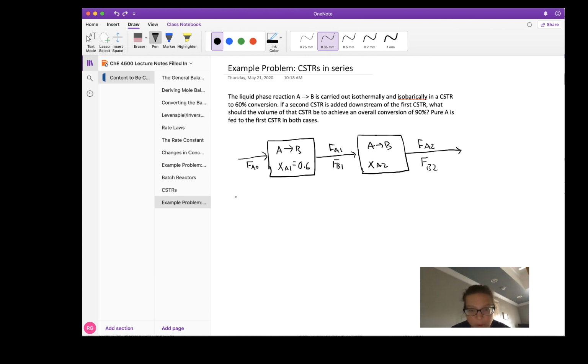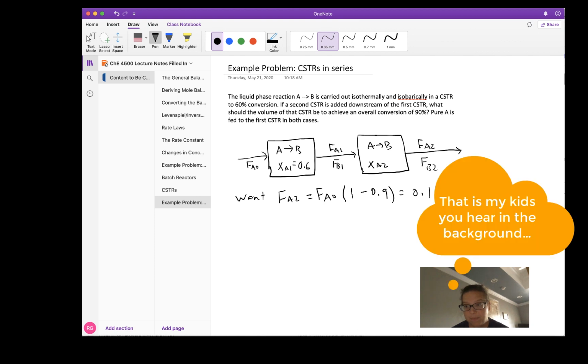So what we want is to design the system such that FA2 is equal to FA0 times 1 minus 0.9, or 0.1 times FA0. So in other words, we're looking for an overall conversion of A of 90%.